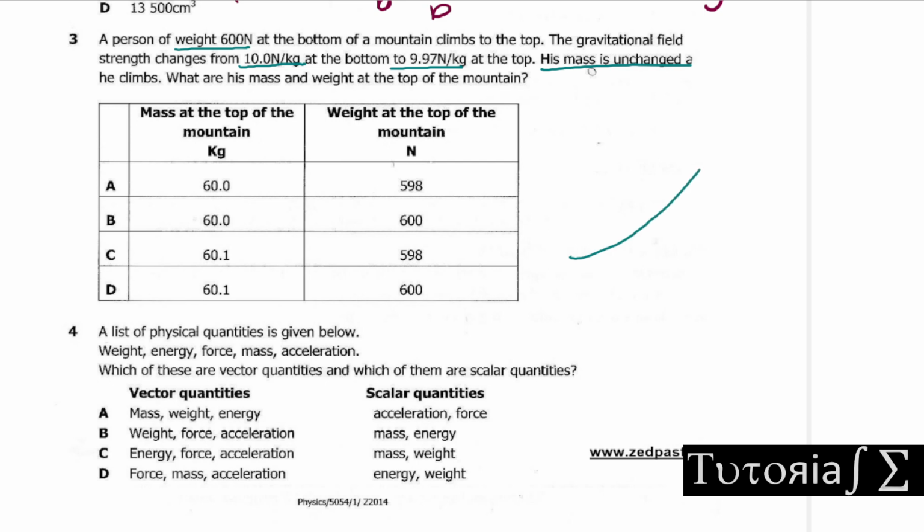So there is this person. I'll draw my mountain. At the bottom of the mountain, the gravity is 10 newtons per kg, and this person has a weight of 600 newtons.